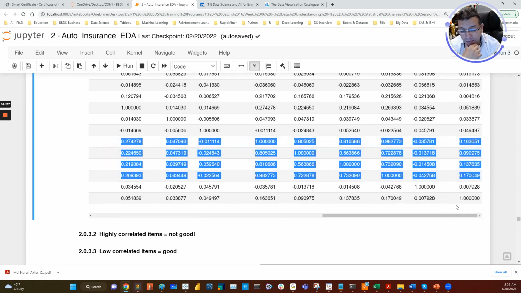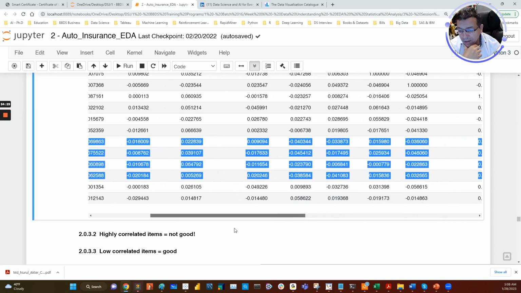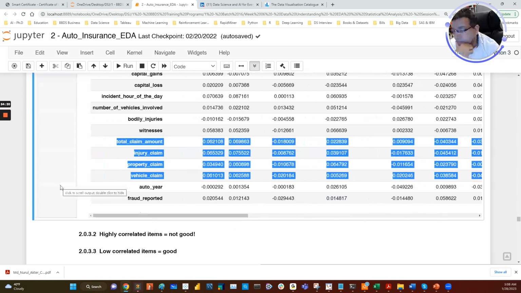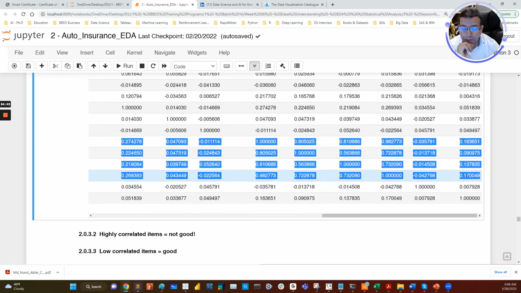So which one do you think we should keep? Vehicle claim. It's the most correlated with the target variable, because it's 0.17. Total claim is 0.16. This one is 0.17.